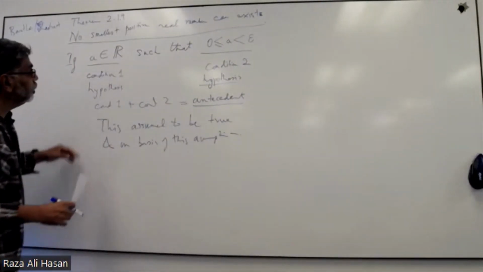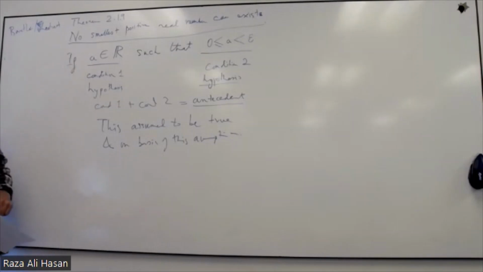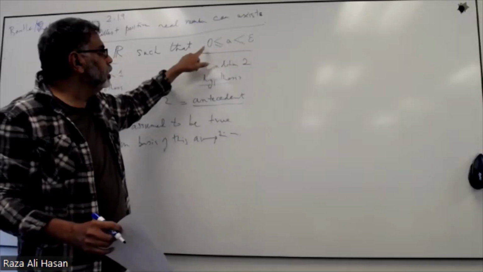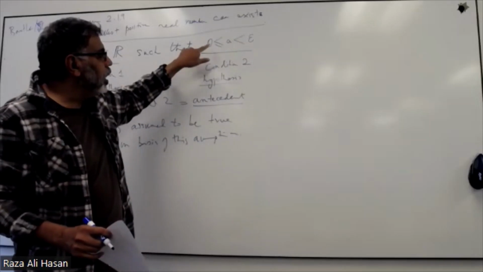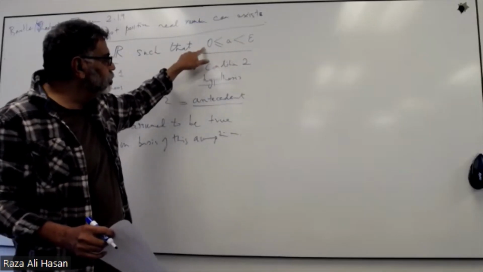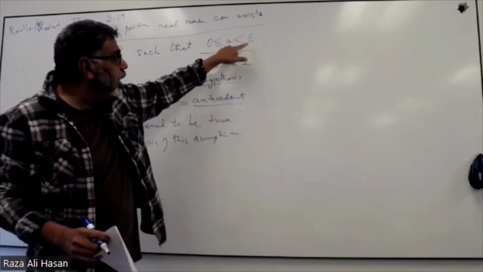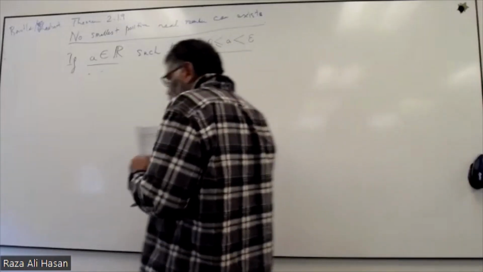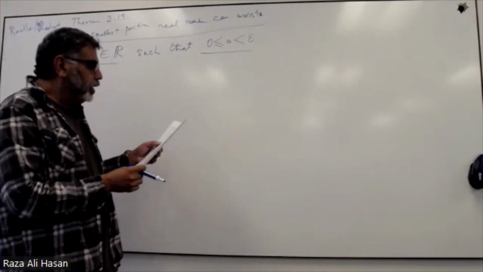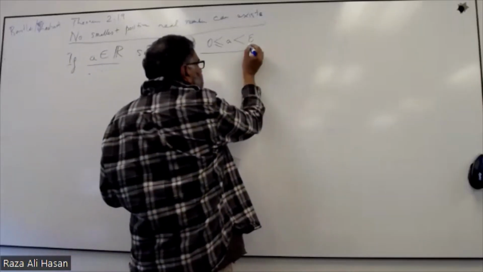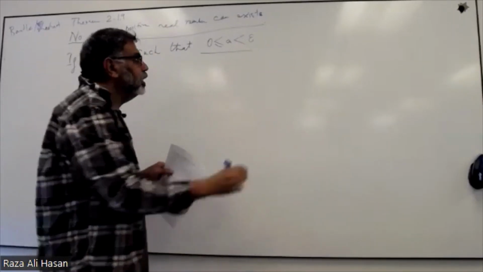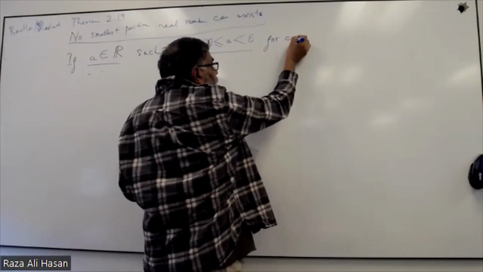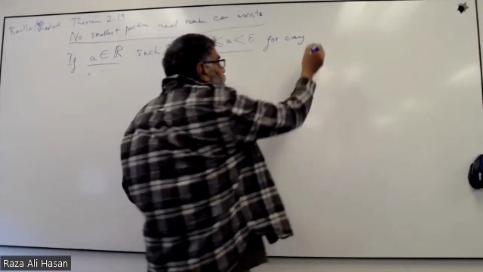So if we have a real number like A, and A is between 0 and some positive number epsilon, it might be equal to 0, or greater than 0, and less than epsilon, and this number epsilon is what kind of number? Give a hint. We have to know what kind of number epsilon is. The key thing here is this weird positive number is a kind of variable for every possible value of epsilon.